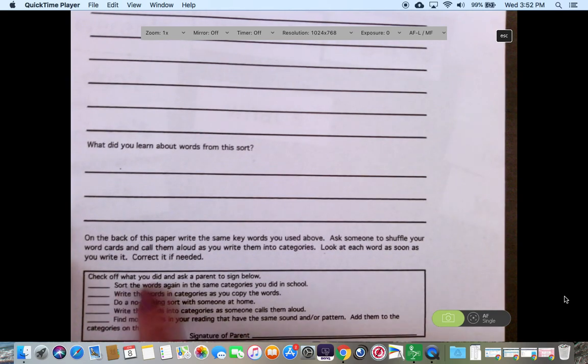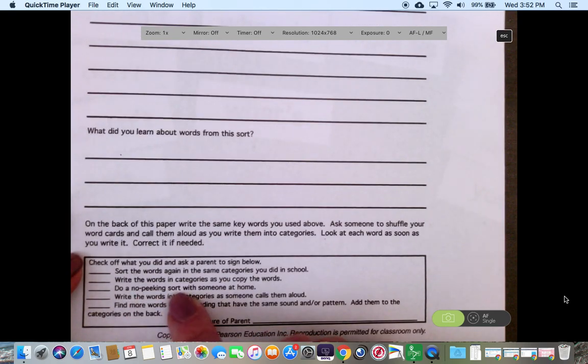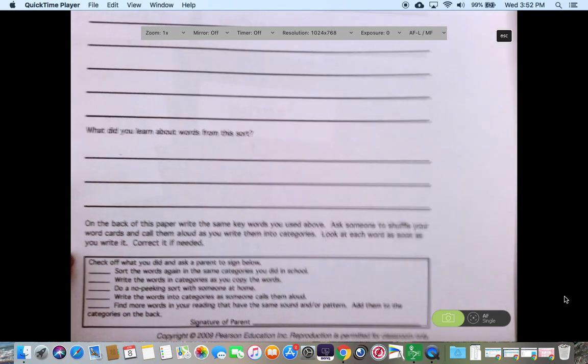So you could explain how you learned about contractions. And then at the bottom here, it says check off what you did. You could sort the words again. You could write them in categories. Do a no peeking sort with someone at home. Write the words as someone reads them aloud, kind of like a buddy test. See if you can find other words in your reading that also have contractions. So this is just an extra if you want something more.